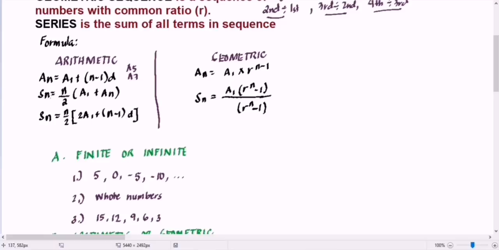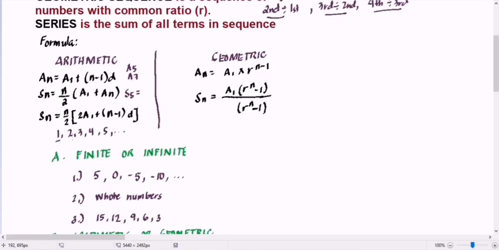Kapag ang hinahanap ay seventh term, pampito, a sub 7. Okay? Kapag naman nakita nyo S sub n, ang tinutukoy naman dyan ay sum. It is the series of the sequence. So, pag ang nahanap ay, halimbawa, meron tayong sequence na 1, 2, 3, 4, 5, etc. Kapag ang nahanap ay sum of 5 terms, ibig sabihin ng S sub 5 ay the sum of the first 5 terms of the sequence.